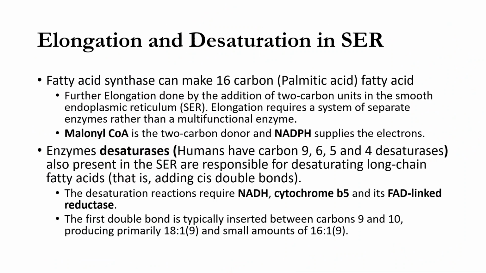After 16 carbon, this happens in the smooth endoplasmic reticulum by the same things, NADPH and malonyl coenzyme A. Both are still required by the same mechanism. The only difference is the location. Till 16 carbon, location is cytosol, cytoplasm. After 16 carbon, location is smooth endoplasmic reticulum, SER.